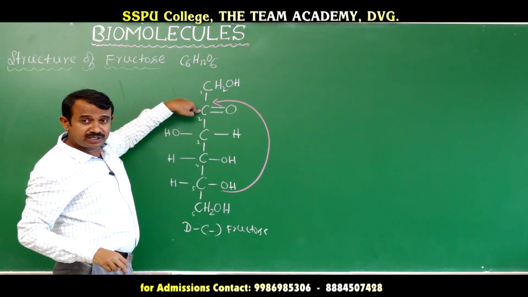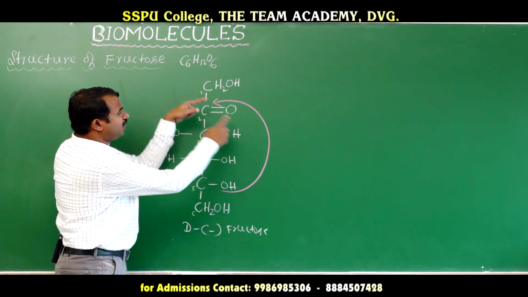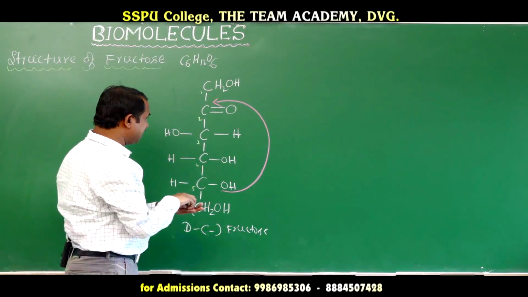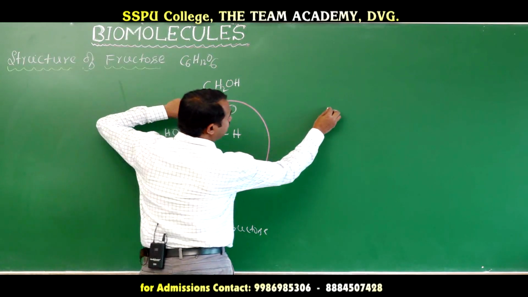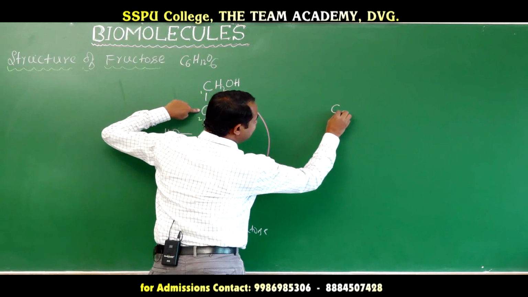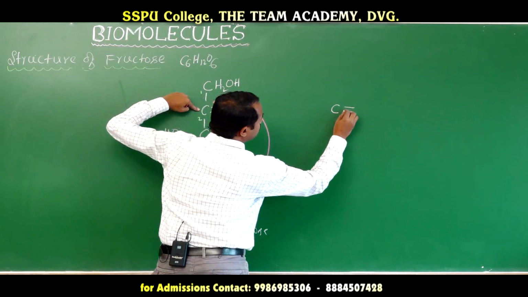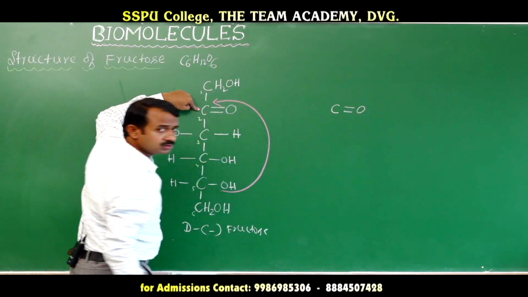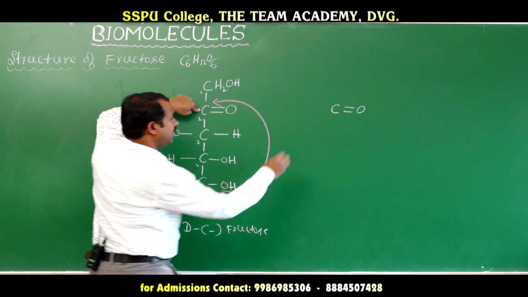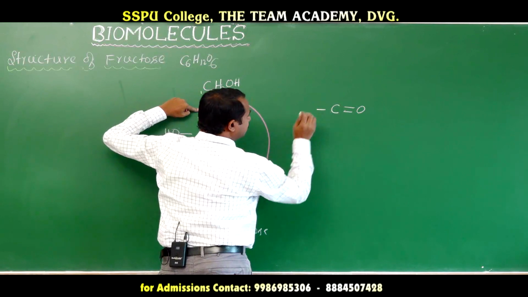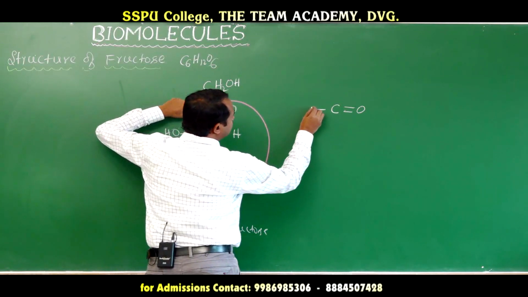Here, C2 is the carbonyl carbon. For the cyclic structure, the C2 carbon has a double bond to O, and the next carbon is CH2OH.